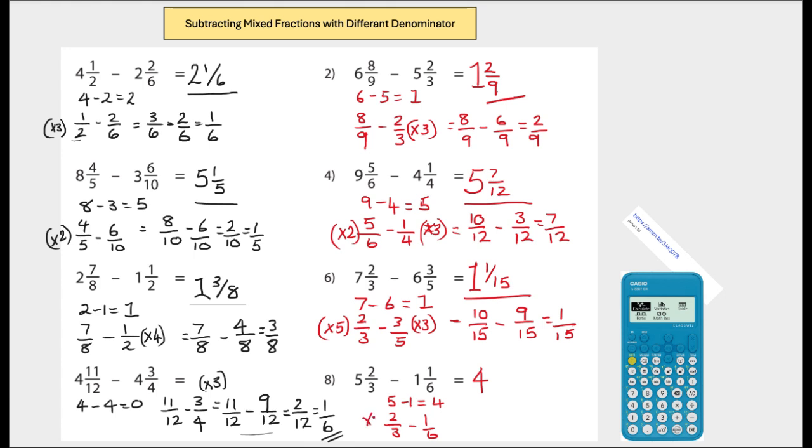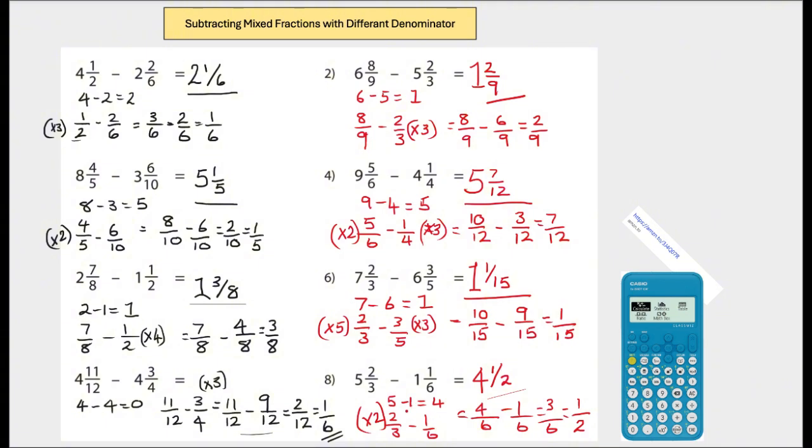So 2 times 2 is 4 over 6 minus 1 over 6 equals 3 over 6. Can we simplify? Yes, we can. We can divide the top by 3, which gives you 1, and the bottom by 3, which gives you 2. So the answer to this one is 4 and a half.